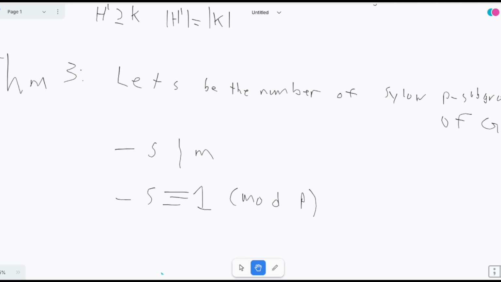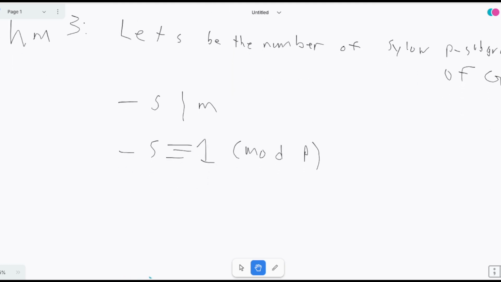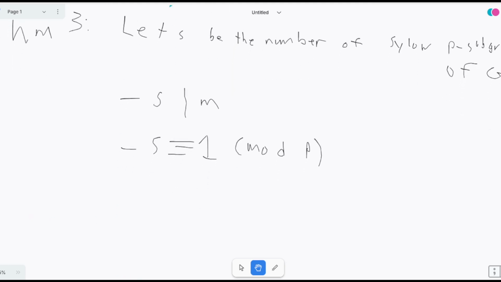So again, let's take a look at groups of a certain order this time. Let's say order 15. Again, I'll prove the three Sylow theorems at the end. So say you have a group G of order 15.